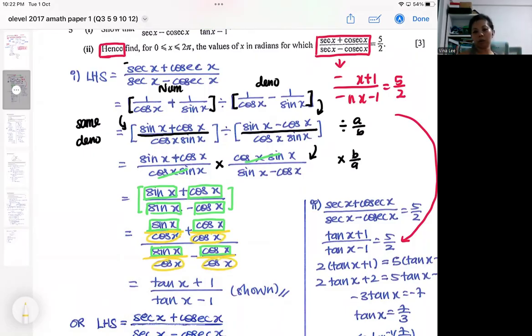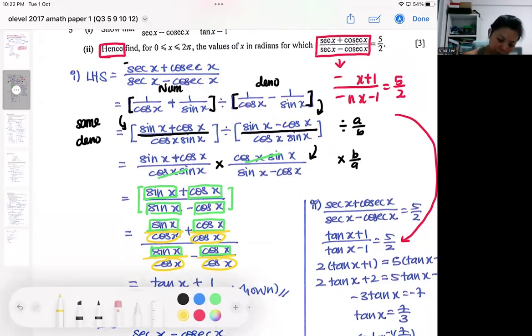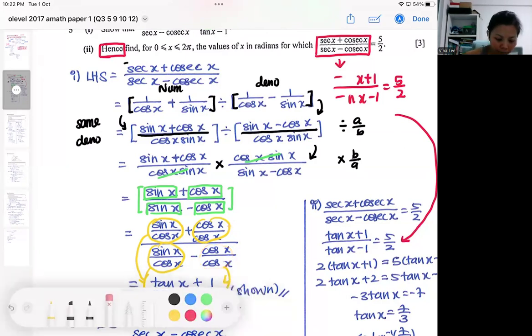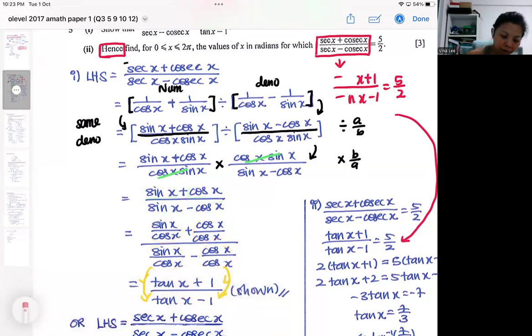So why do I want to do this? Because sine over cosine will give me the tangent that I want, and cosine over sine gives me the cotangent that I want. So if you look, everything falls in place. If you find this a bit difficult, you can also visualize it in this way.